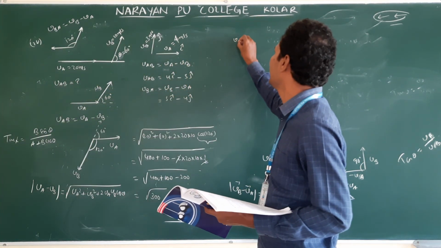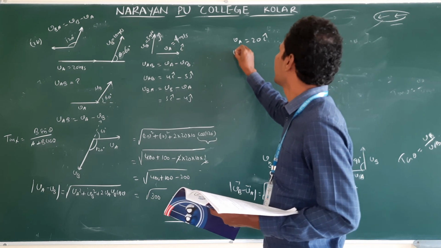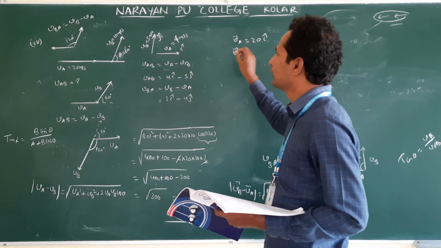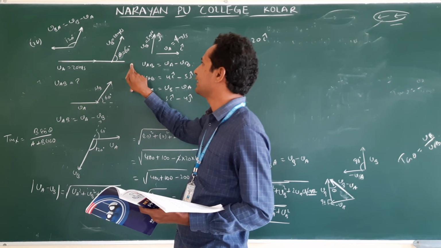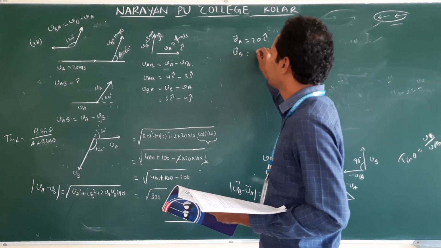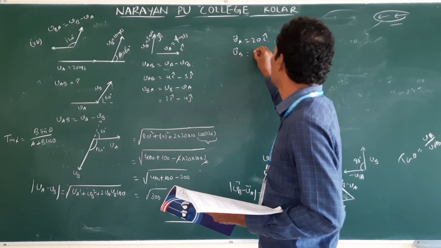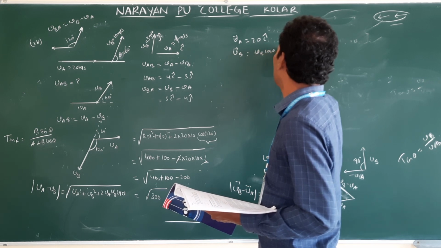So initially A is acting along which direction? X direction. So VA, how do we write? 20 i cap. VB, how do we write? This is not acting along X direction, not acting along Y direction. So along X direction we can write VB cos theta i cap.